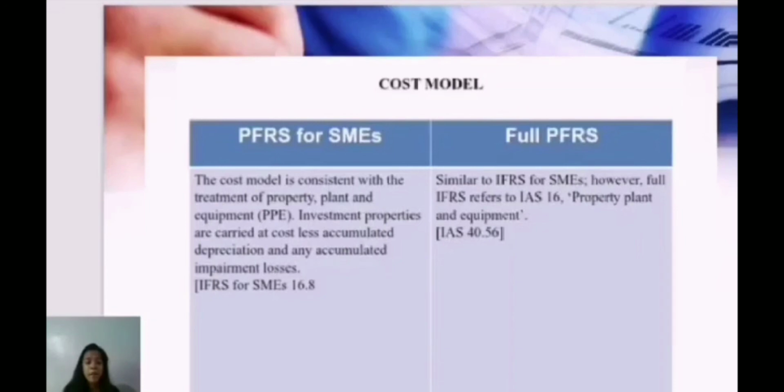And C, the initial estimate of dismantling and restoration costs for which the entity has a present obligation.